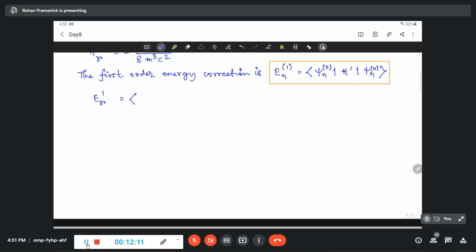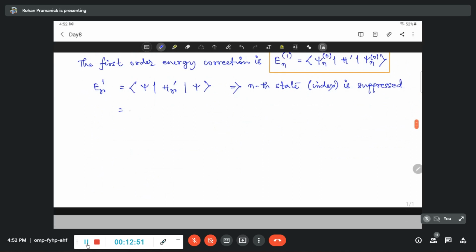You will find psi, H R prime, psi, and of course there is an index n, which I am suppressing. So we will try to generalize each and every possible solution for any n, so that you can put some value of n and find the first order correction for the n equals 1 state, 2 state, and so on and so forth.